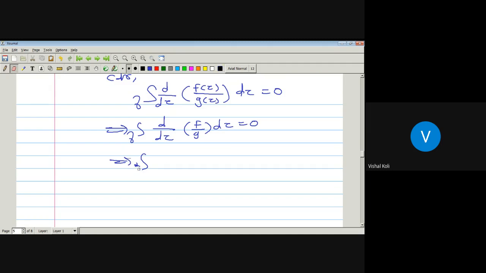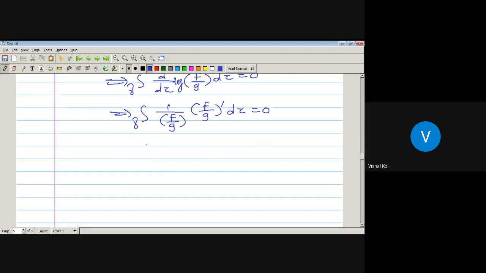Now its derivative will be, sorry, here we have to consider the log of this one. So log of f/g, and we know the derivative of log f is 1 upon f into f dash. So it is nothing but 1 upon f divided by g into the derivative of f upon g, dz, equal to 0.